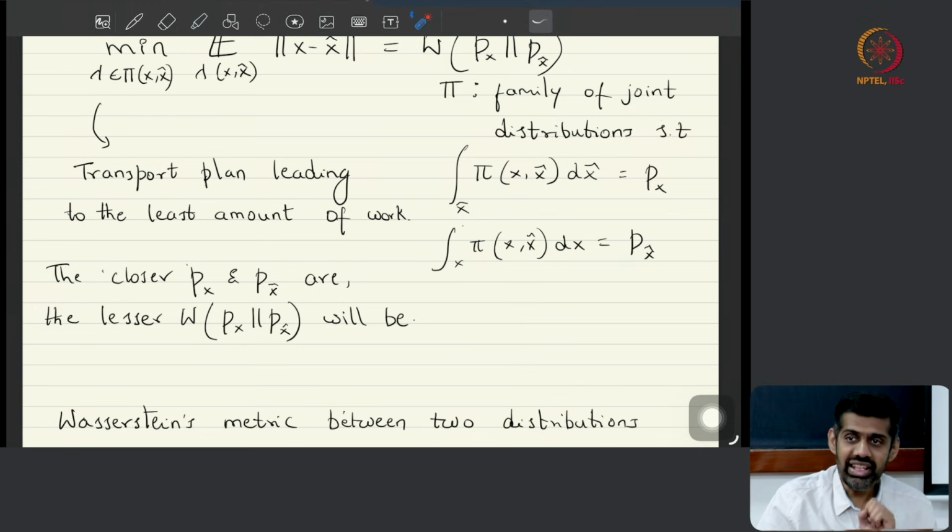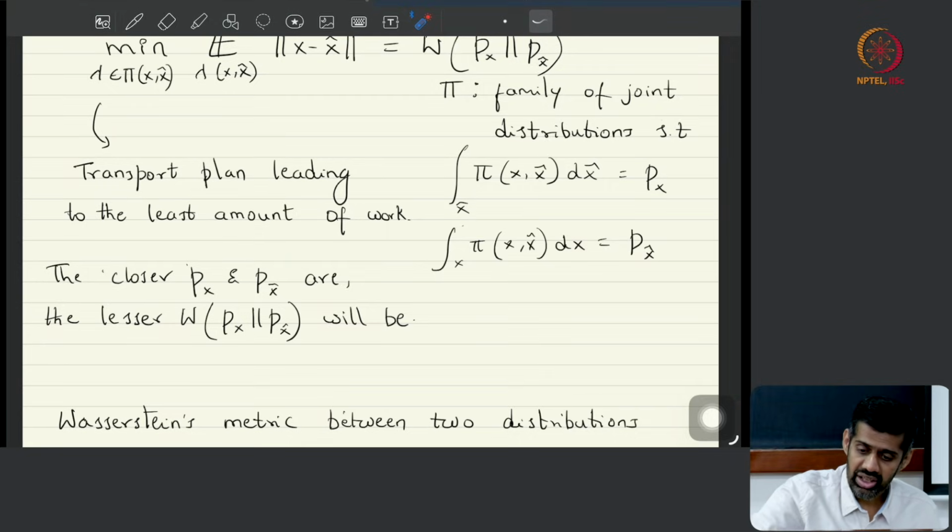Tell me what is the least amount of work that I have to do to convert one distribution to the other. Now amongst all possible transport plans, if I can find the transport plan with the least amount of effort, that will give me how far or close the constituent distributions are, and that is why Wasserstein's metric is a good divergence metric between a pair of distributions.